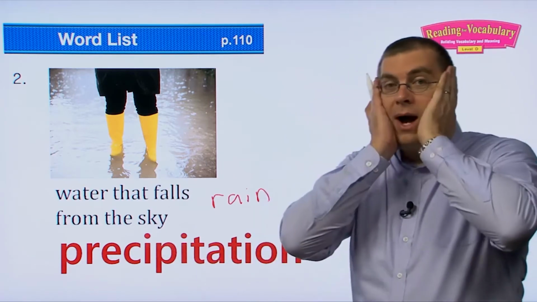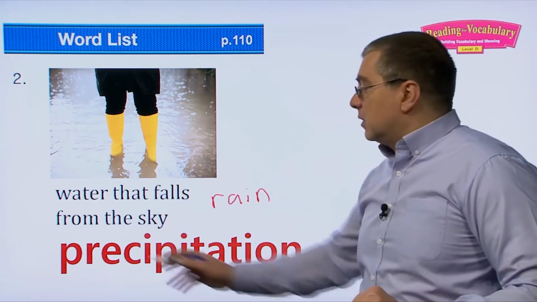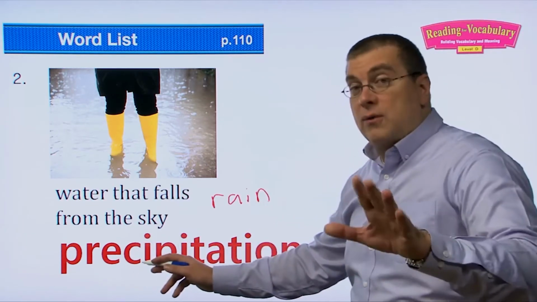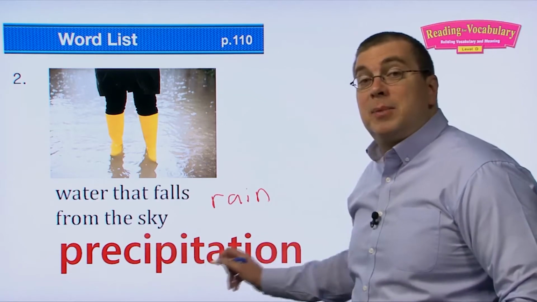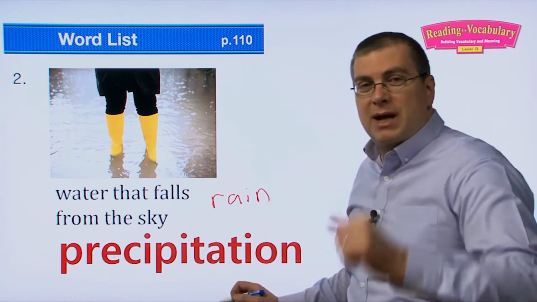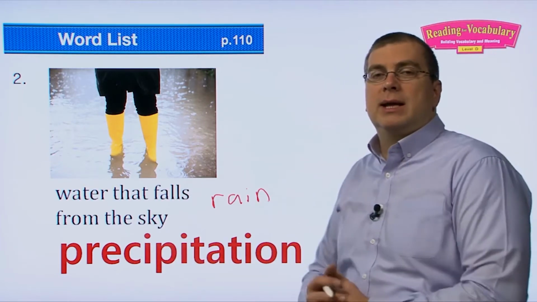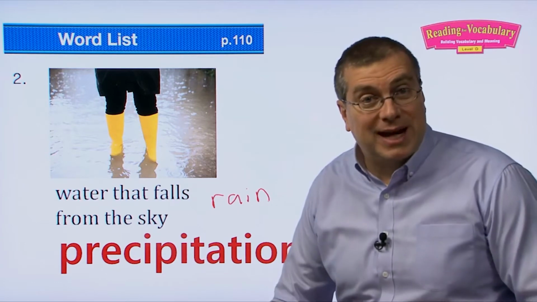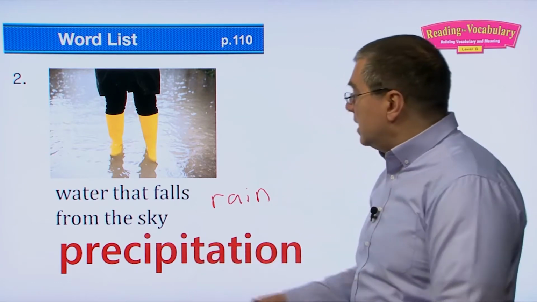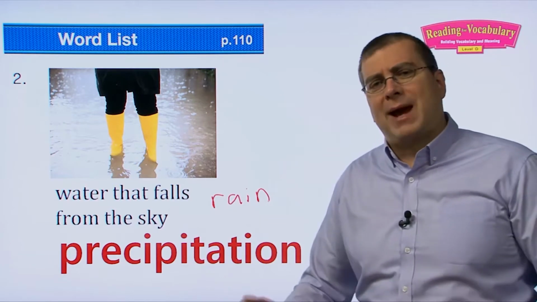Wow, so many syllables. There's 5 syllables. So let's say it fast. Well, slow first and then fast. Precipitation. Precipitation. One more time. Precipitation. Okay? So if you say it quickly, it sounds like precipitation. Precipitation just means rain. It's more of a scientific word for rain.